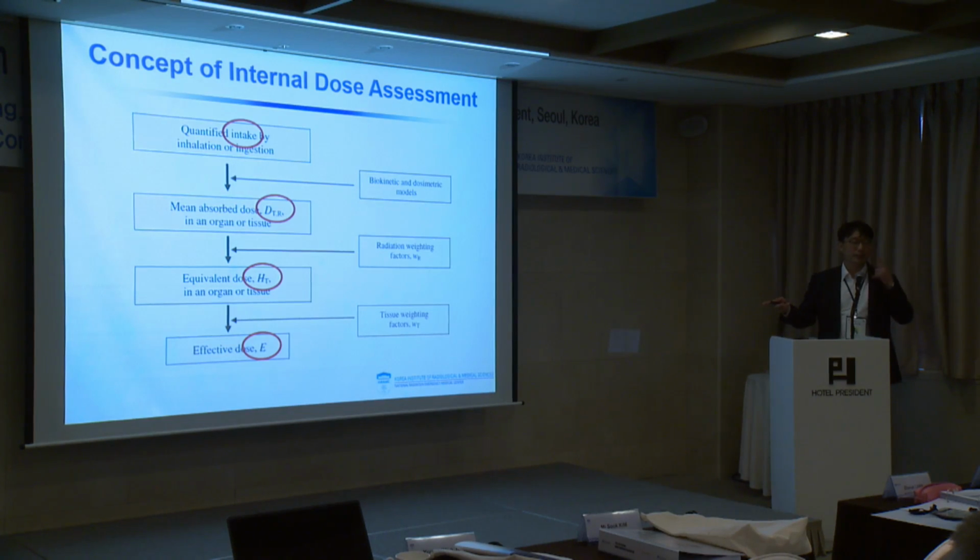But as you can see, this process is a little complicated to apply. So in practice, we cannot directly calculate using this process. We just apply the dose coefficient to convert the intake into the internal dose as a committed effective dose or a committed equivalent dose using this simple formula.